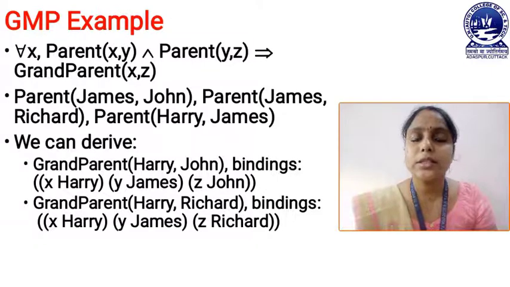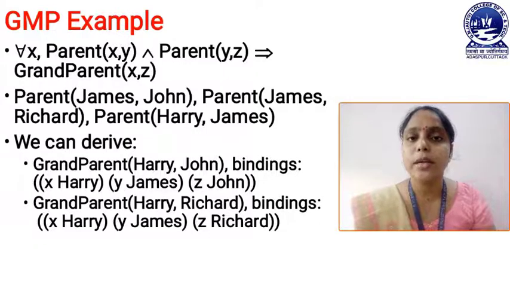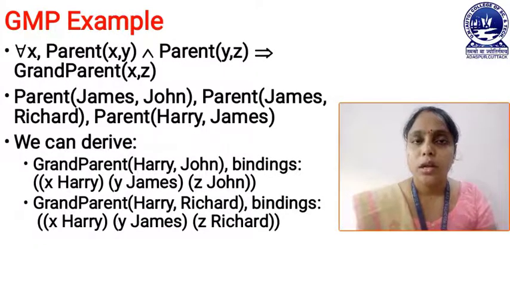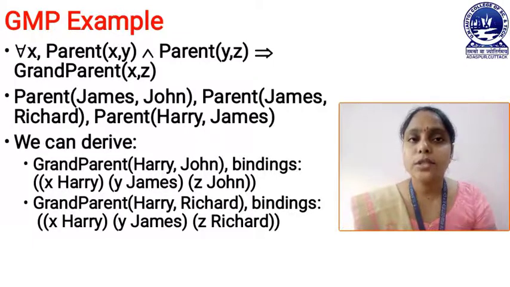That means z is the grandparent of x, and here x, y, z are variables. Now from this we can derive a new sentence by replacing these variables. Suppose the sentences are Parent(James, John), Parent(James, Richard), Parent(Harry, James). Now using these we can derive Grandparent(Harry, John), which binds X to Harry, Y to James and Z to John.